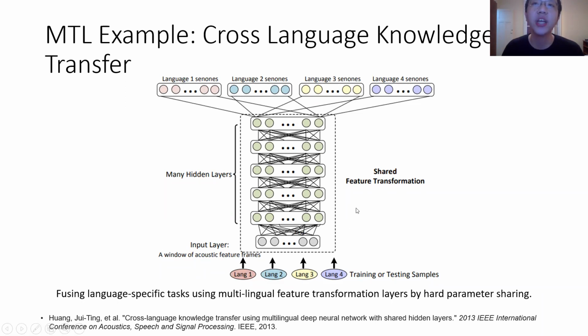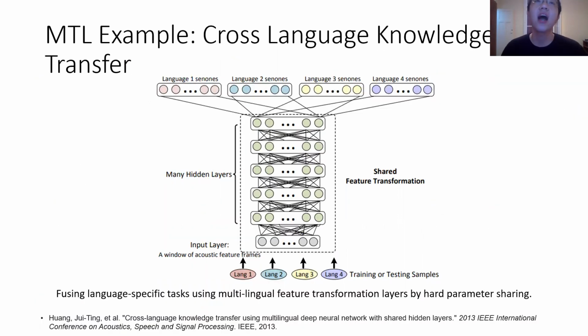We have a shared feature extractor, which has many hidden layers, and we input all these training or testing examples of different languages into this network. Then we have downstream tasks for each of these individual languages. So again, this is an example of hard parameter sharing.